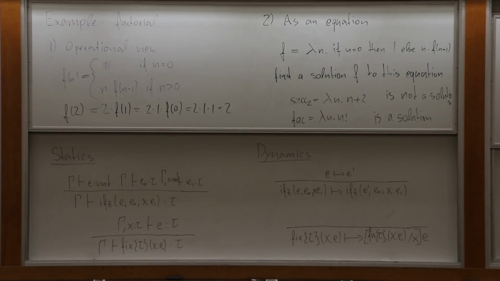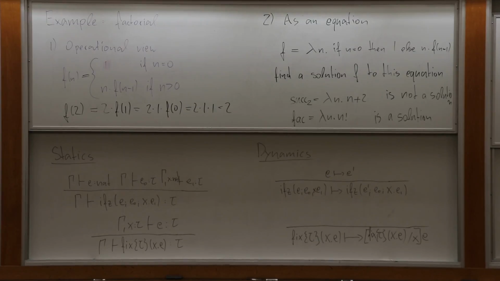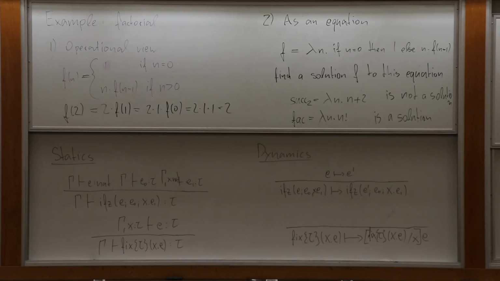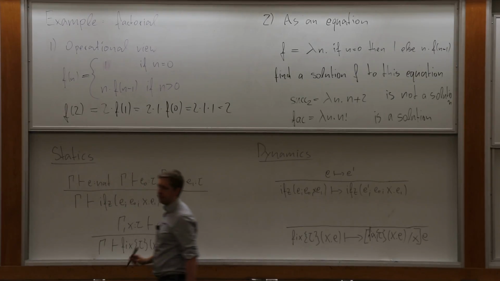So progress, meaning if it is well typed, type tau, then either it is a value or I can make a step.